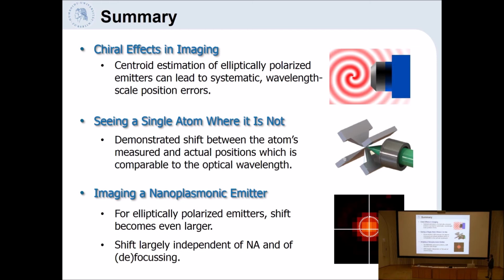We also did the same with a gold nanoparticle, where we could also explore the case of elliptically polarized emitters and showed that in this case the shift even becomes larger and that the shift is largely independent of the numerical aperture and of defocusing.